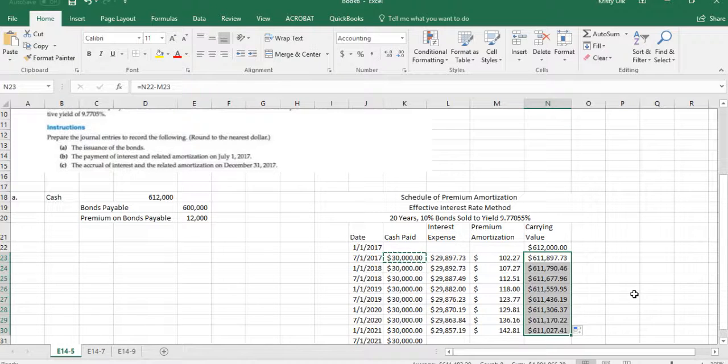What should it have been if it was issued at exactly that amount? That is our real interest expense. And then our premium amortization references the difference between what we're paying out contractually and what it would have been. And then slowly over time, it lowers. And eventually we will come down to exactly $600,000 premium carrying value in that 20th year.